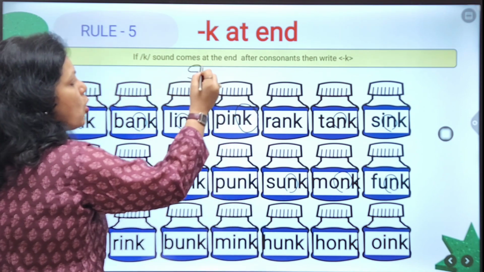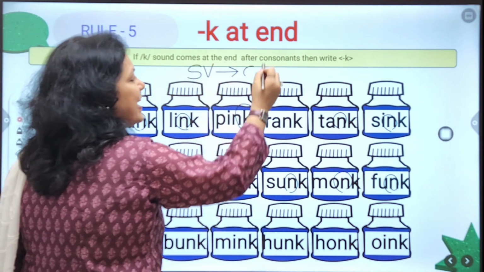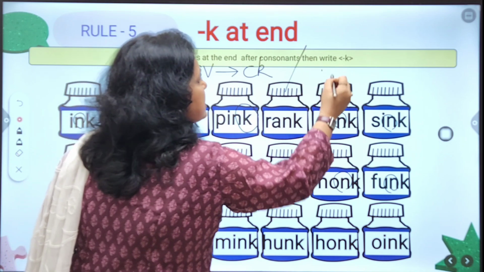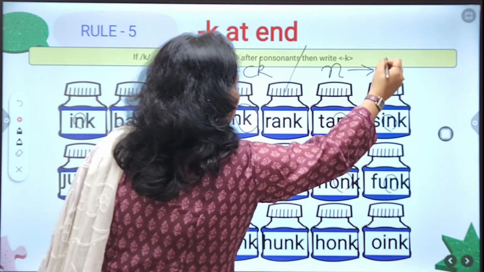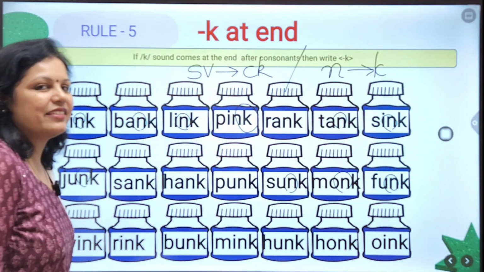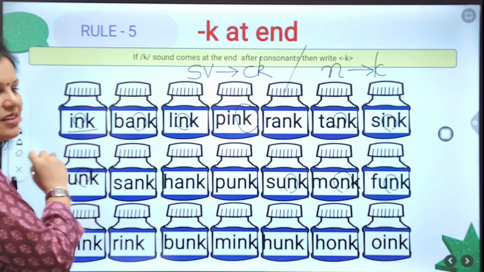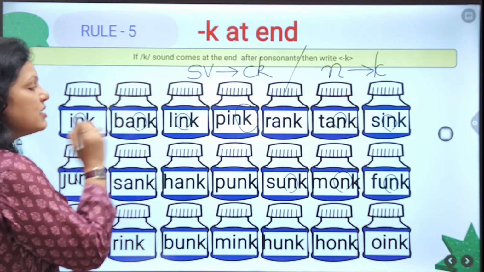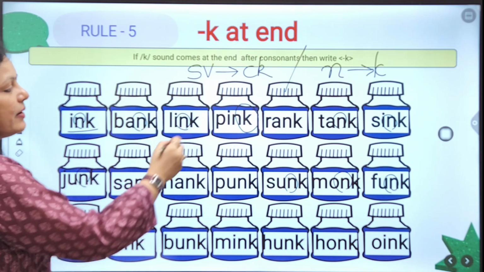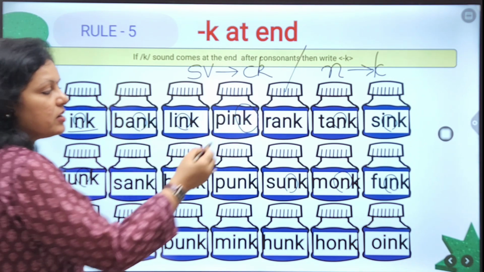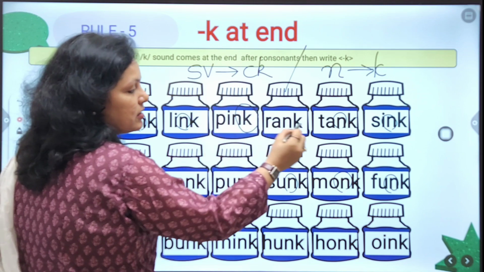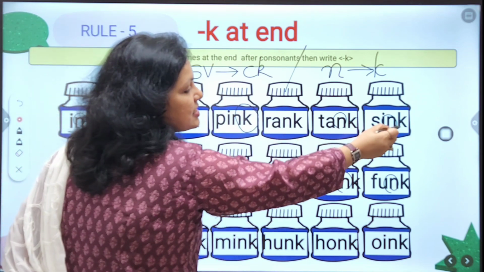If it is a short vowel, write CK. If it is a consonant, then write K only. That is what the rule is. Now let us see a few words. Ink, bank, link, pink, rank, tank, sink.